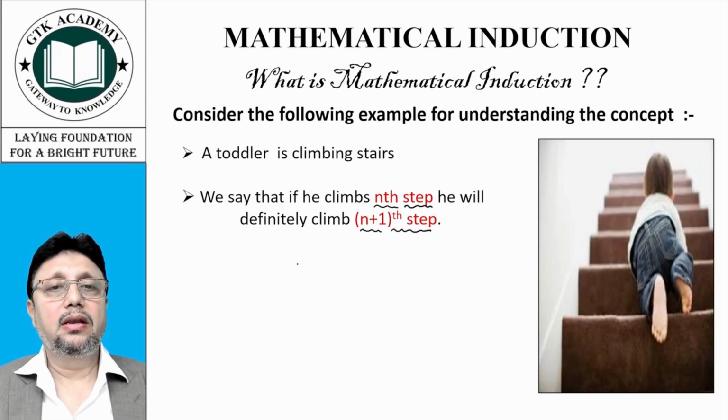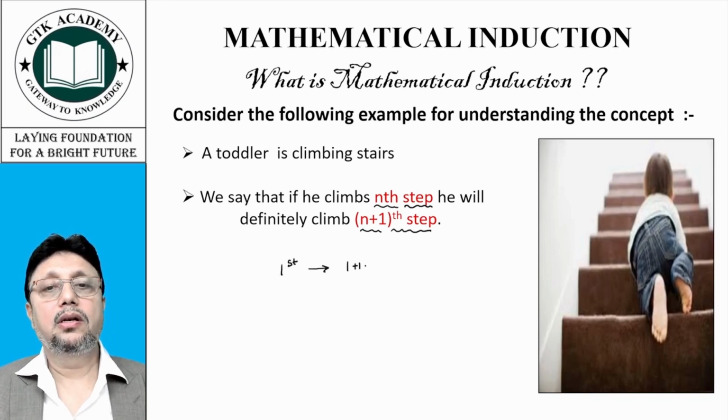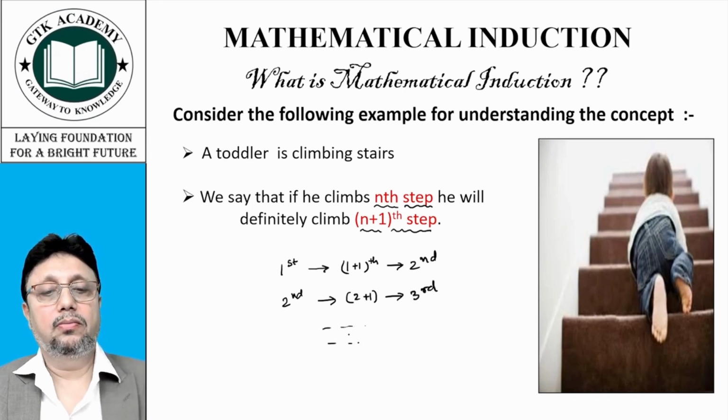What does that mean? That means that if he climbs the first step, this implies that he will climb the 1 plus 1th, that is the second step. And if he climbs the second step, that implies that he will climb 2 plus 1, meaning the third, and so on and so forth.